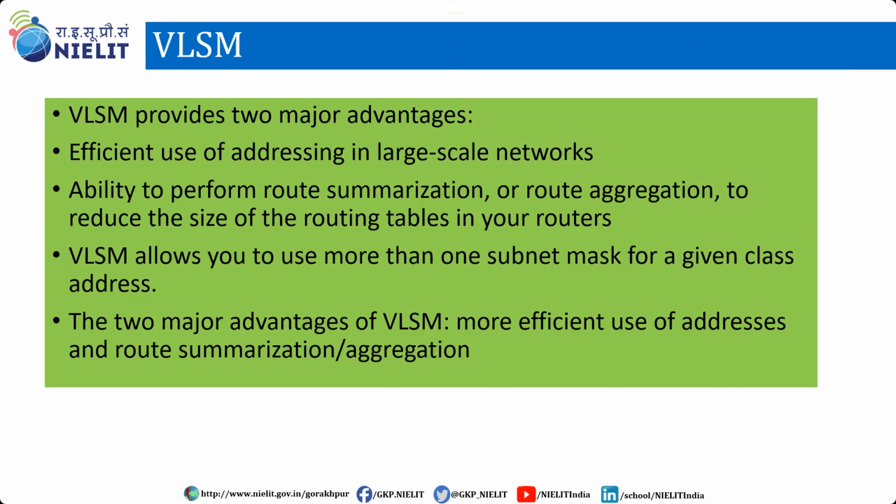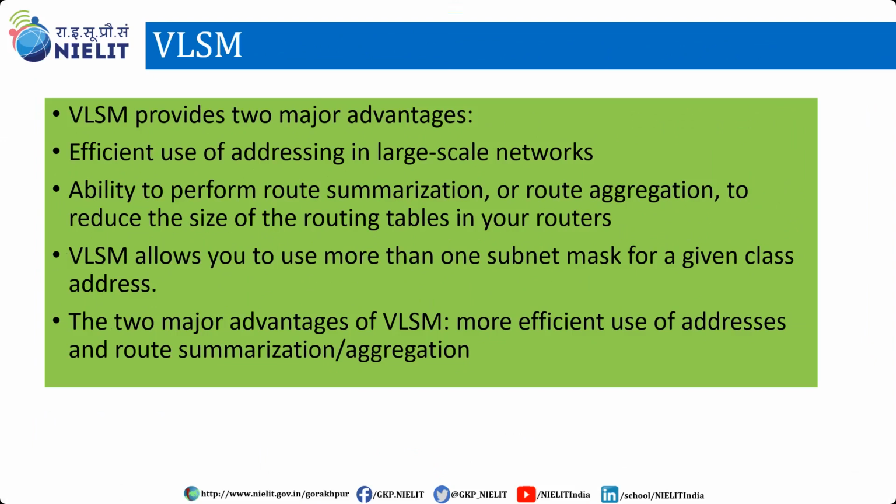Because you are going to some place, you need not store information about different locations in different tables. First you reach Lucknow, then in Lucknow there will be one person, he will guide you. You need not store all the information.